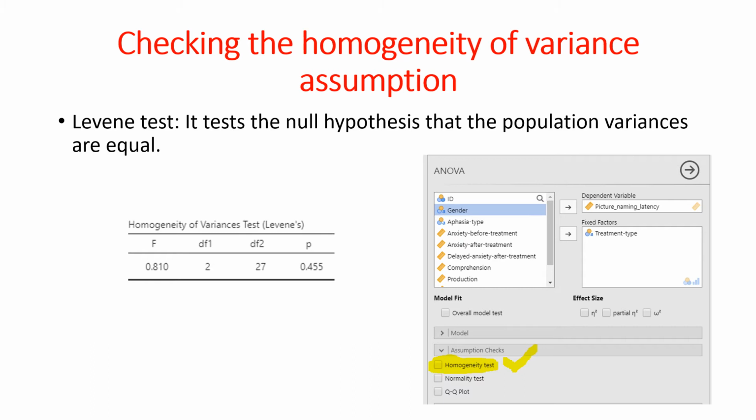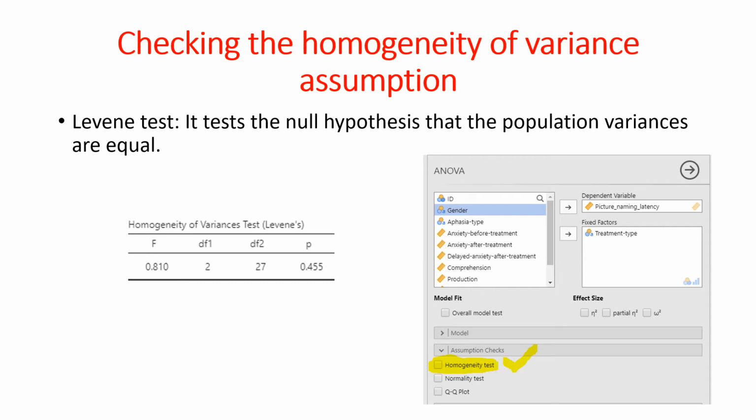How do we check that assumption? To check that assumption, we need to run a Levene's test. You remember that when we were talking about the t-test, we also had these tests. A Levene's test tests the null hypothesis that the population variances are equal, or that the variances in all the levels in our group are equal.